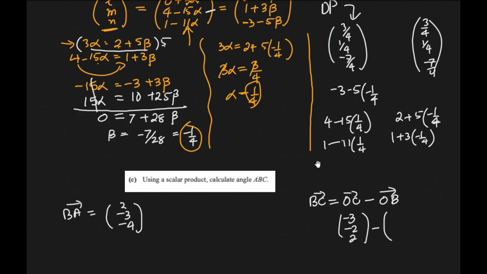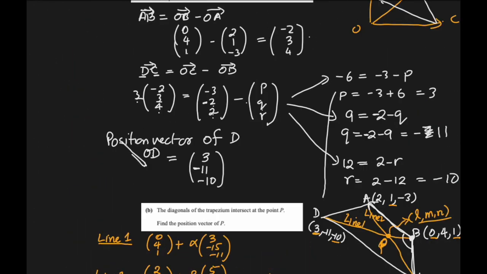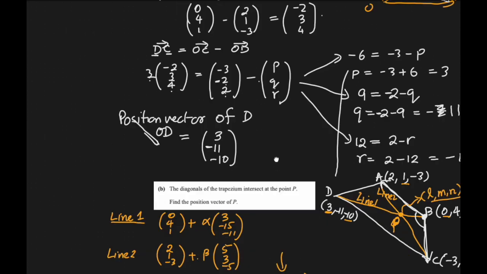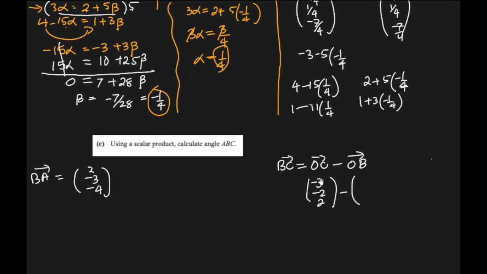Minus OB. OB will be how much? 0, 4, 1. So BC comes out to be minus 3 minus 0, minus 3. Minus 2 minus 4, minus 6. 2 minus 1, 1. So we have to find the angle between this and this vector.